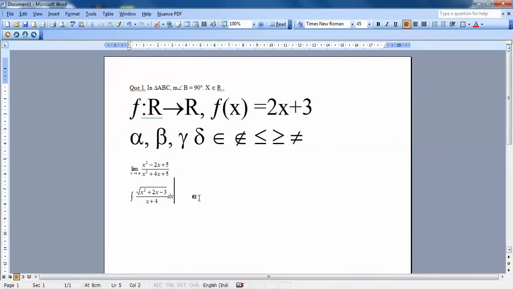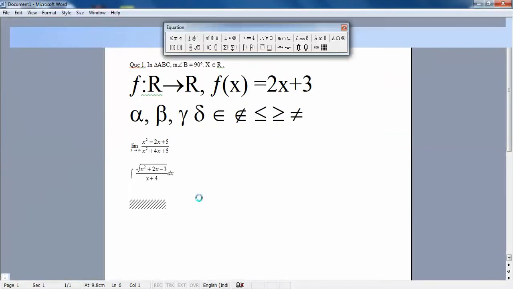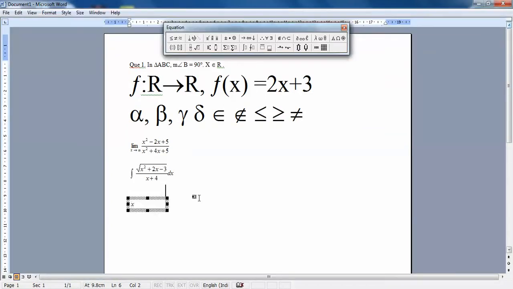Now when you are typing in the equation editor, when the dialog box opens and you want to create a space between two equations, say x square plus 3x minus 5, suppose this is y equal to, and you want to place an and between the two equations.